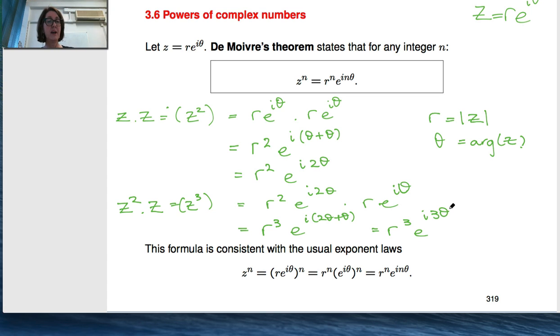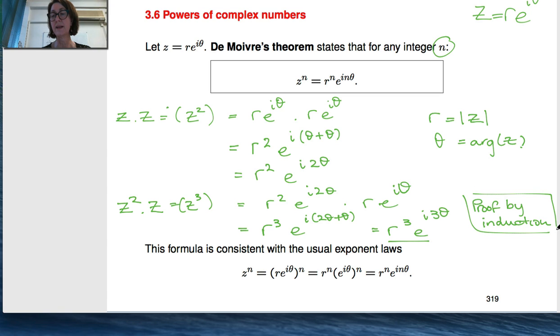Okay, so you can see how we could keep doing that, multiplying over and over again by z, and this formula would build up. To do this for all possible values of n, we can use a technique called proof by induction. We're not going to do that in this course, but this is the sort of thing that would lend itself to such a proof, and you can do that in real analysis next year if you come back and do some more maths with us.